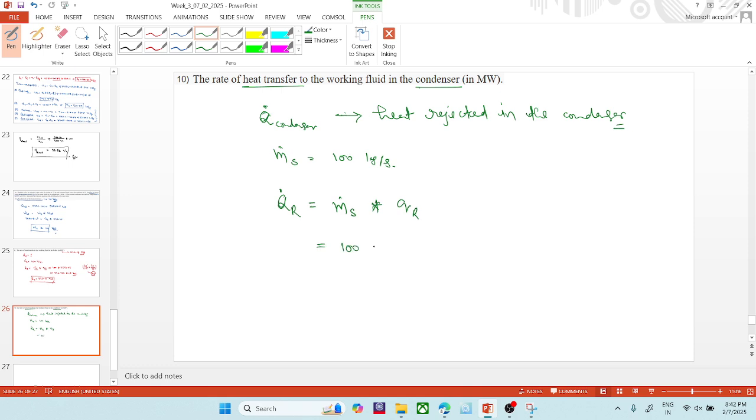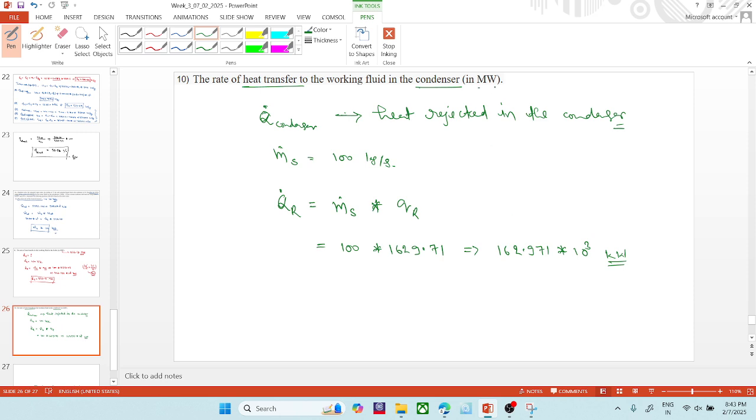This would be 100 times the QR we have already calculated, 1629.71. So this value would be 162.971 into 10 to the power 3 kilowatt.